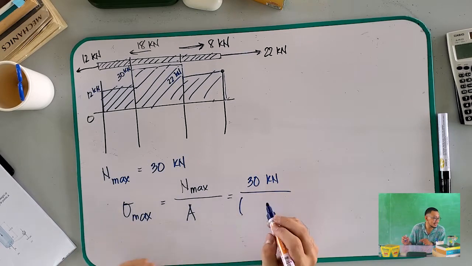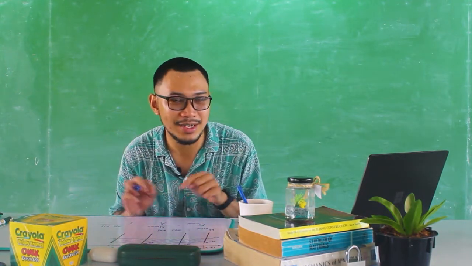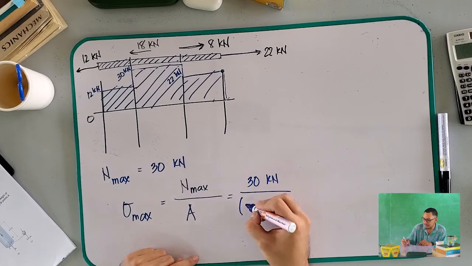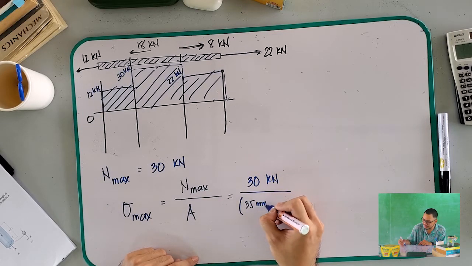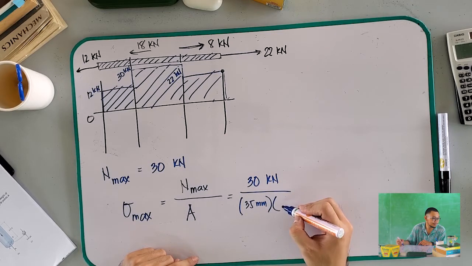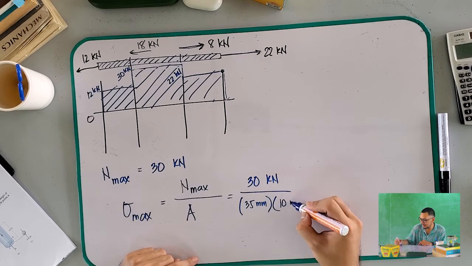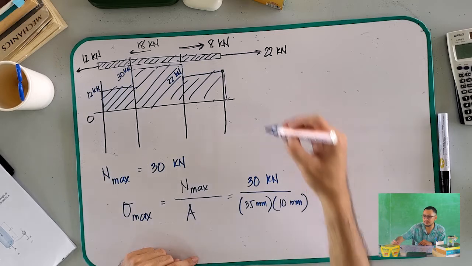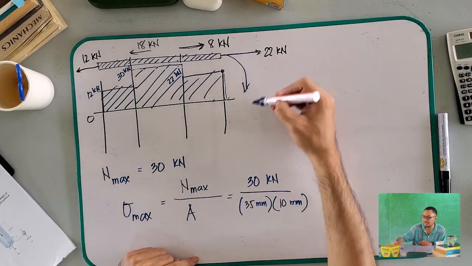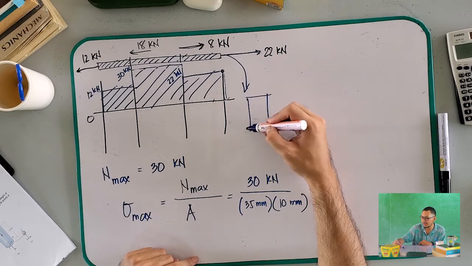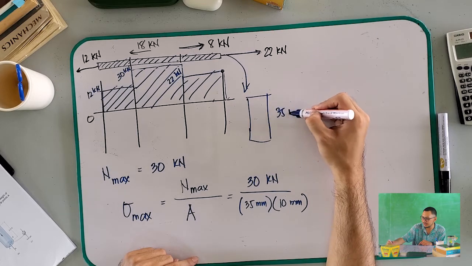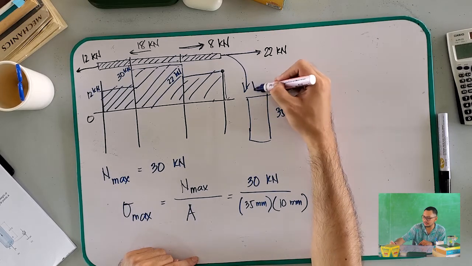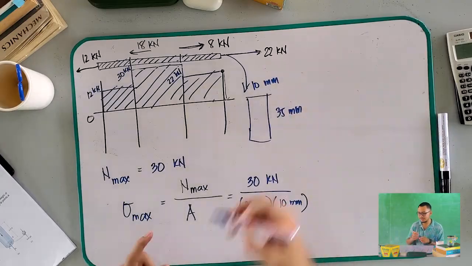Since this one is made of a rectangular bar, yung cross-section sa atong bar is rectangular, so kibaw na ta, 35 millimeters times 10 millimeters.